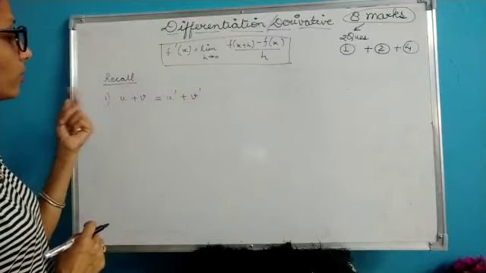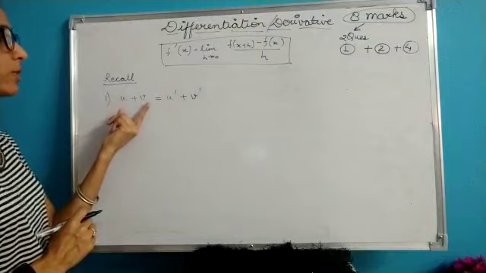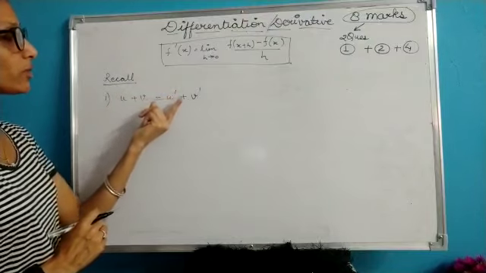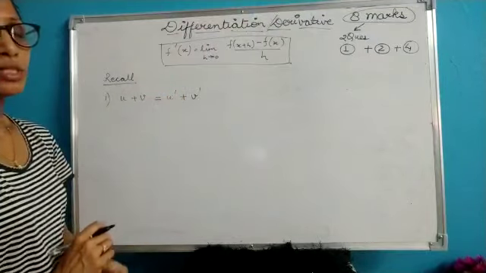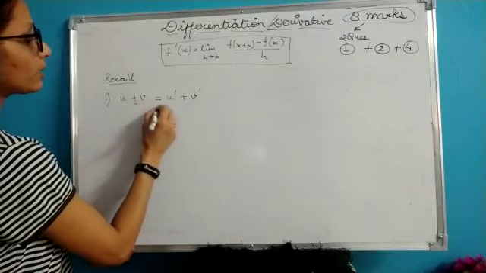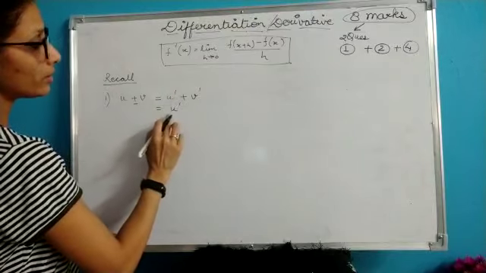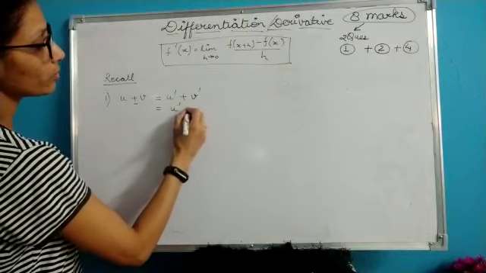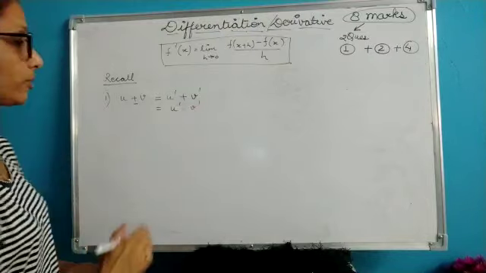That means if your function is given in u plus v form, then you differentiate the first function plus differentiation of the second function. If it is given in minus, then you have written differentiation of first function minus differentiation of second function.